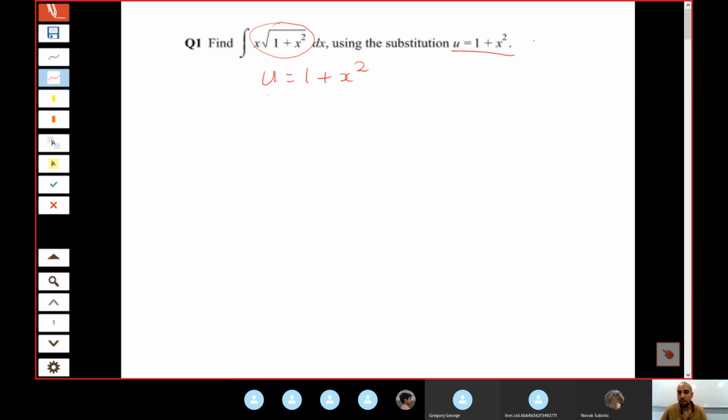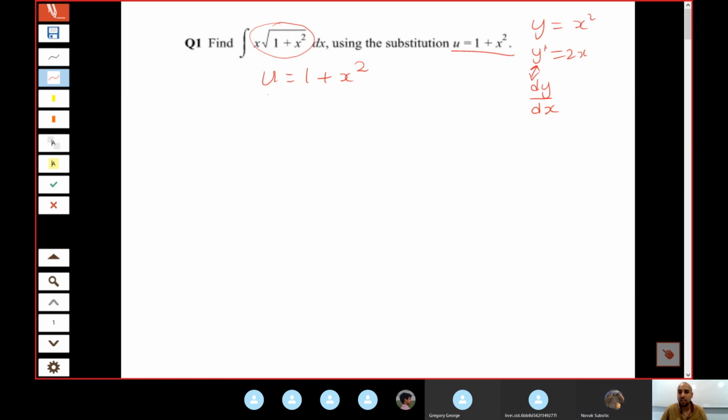What I might not have spoken about before is this: if we have y equals x squared and we differentiate y, we write y dash equals 2x, right? y dash can also be written as dy on dx. So y dash and dy on dx are the same thing.